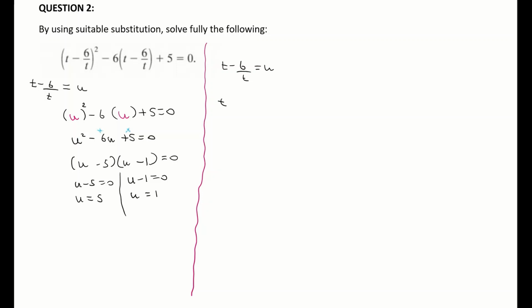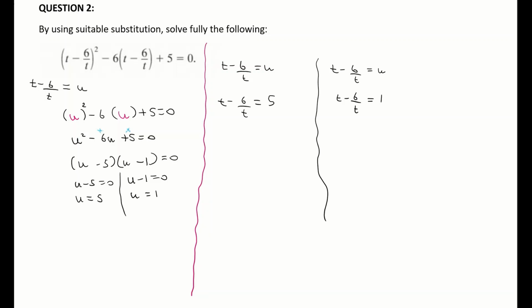And I'm now going to change that to t minus 6 over t is equal to 5, because that's the answer I got for u. And I'm going to do that again. And I'm going to go t minus 6 over t is equal to u. This time I'm subbing in my positive 1 for u. And I'm solving this. Now I have t on the bottom of my fractions now.